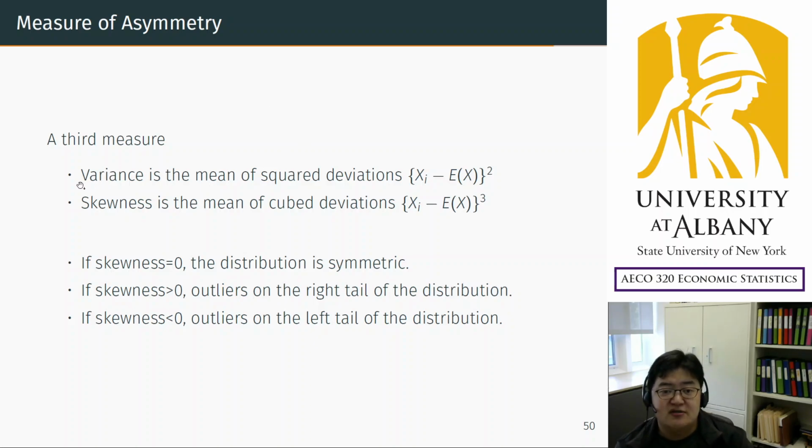Think about this: variance is defined as deviation squared. Mathematically you may generalize it to the exponent of 3, cubed deviations. We call that skewness, because this measure, by taking the expectation, the mean of these cubed deviations, captures where the outliers are, where the long tails are.